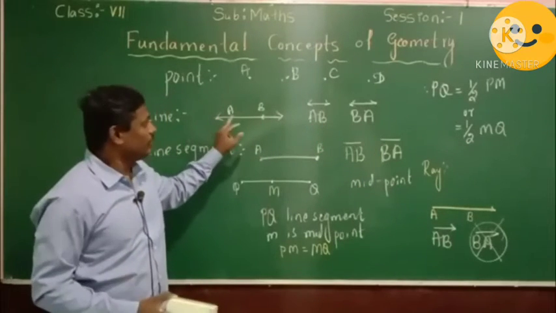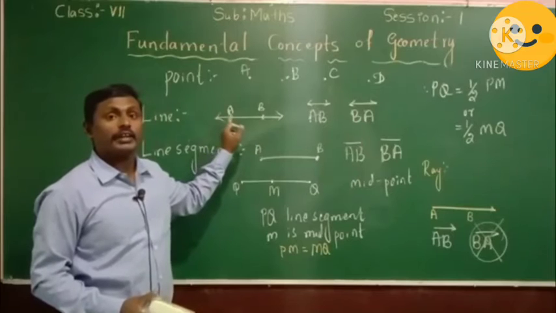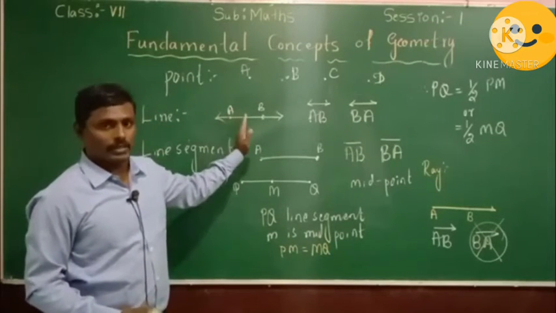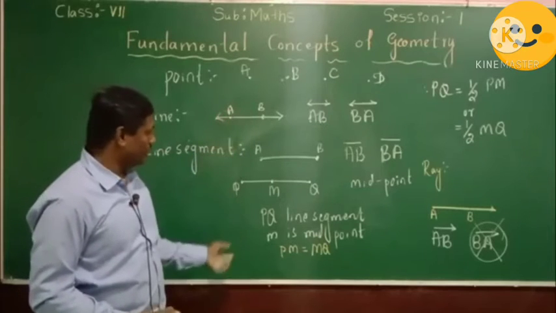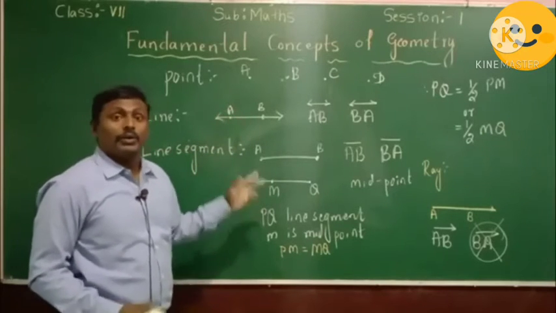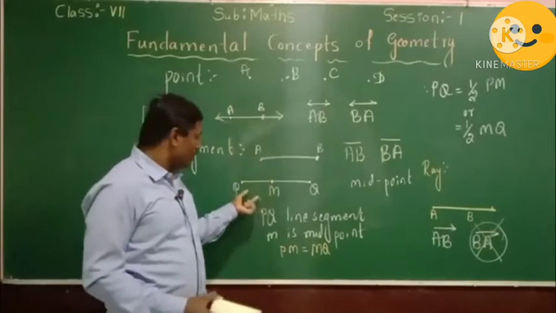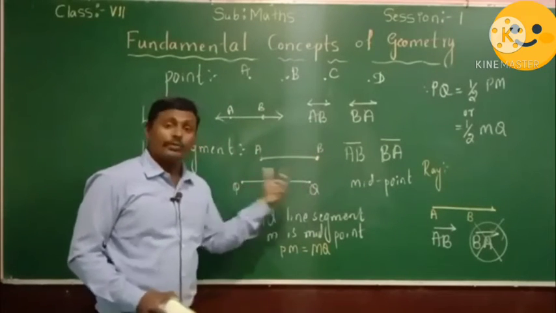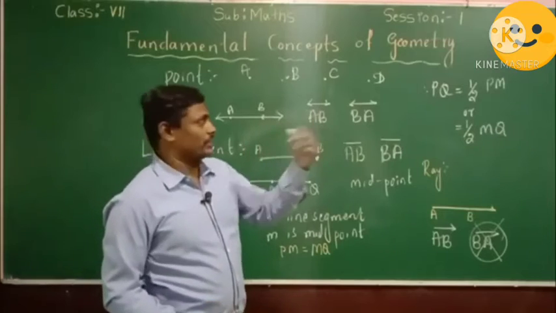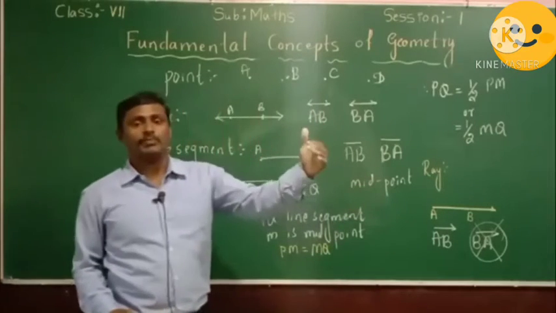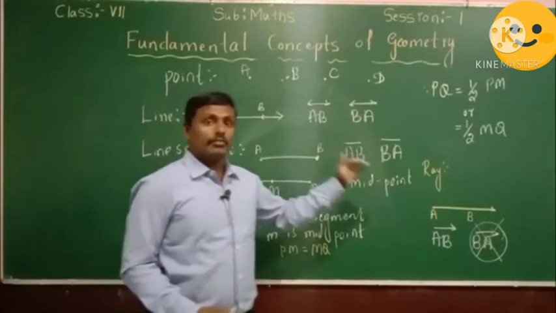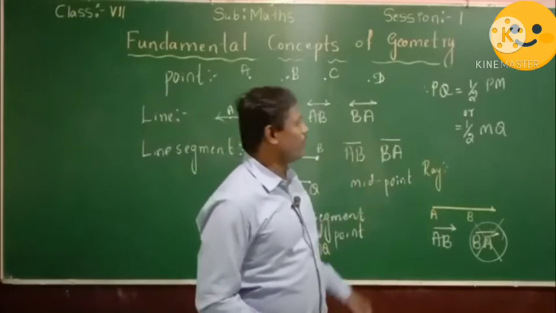Second difference: a line has infinite numbers of points, but a line segment has two definite endpoints. Here in AB, PQ are the two definite endpoints, one is the initial point and the other is the terminating point, or ending point.